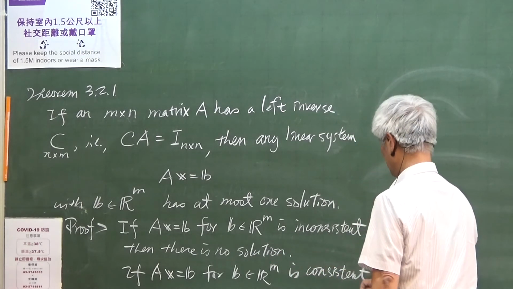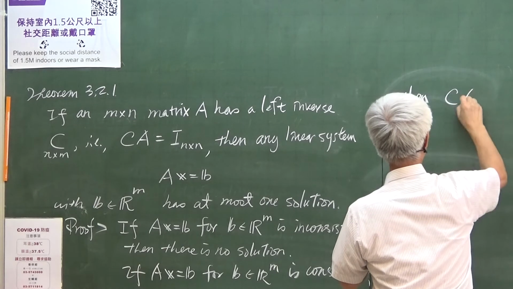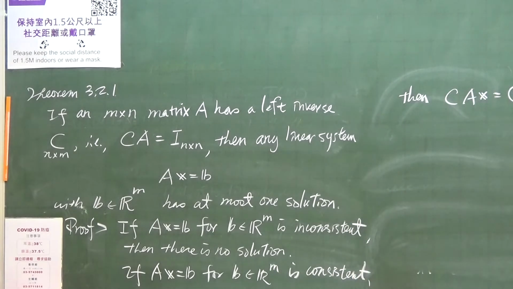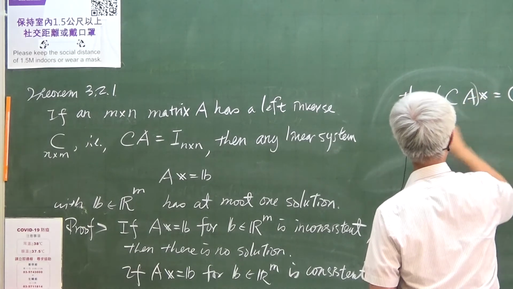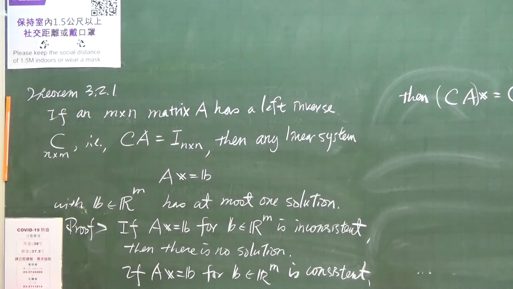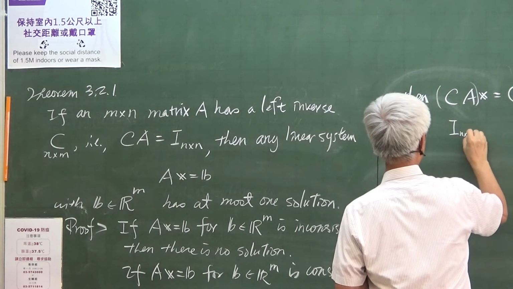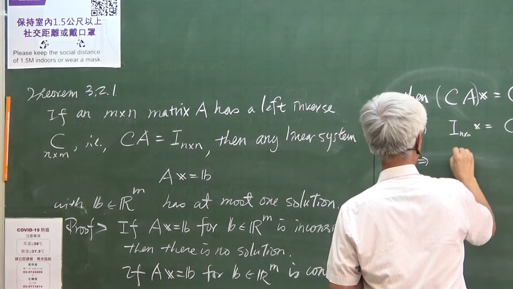Okay, so now we have a solution, right? Then we apply C on both sides. By the associativity of matrix multiplication, we can do the multiplication of C and A first, so that this gives I times X equal to CB, so X is equal to CB.